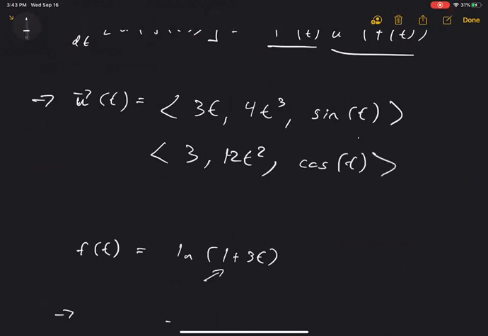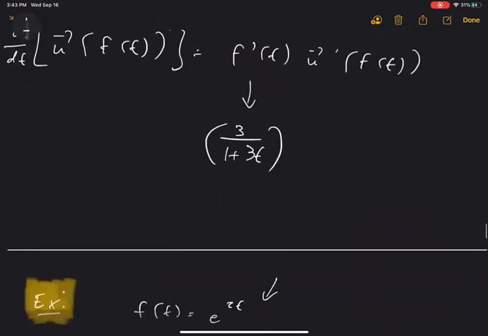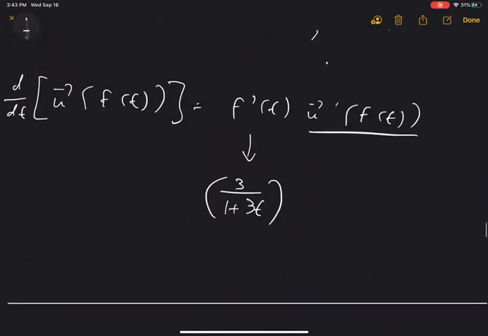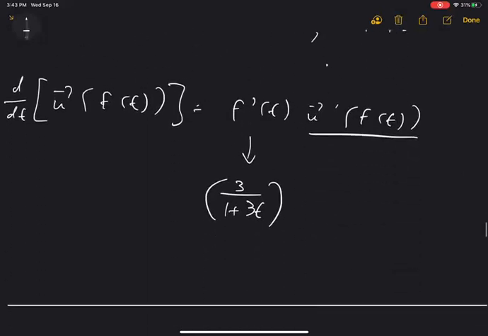That's my u prime. But my formula tells me I want u prime of f of t. So I take my u prime and plug f of t into it.